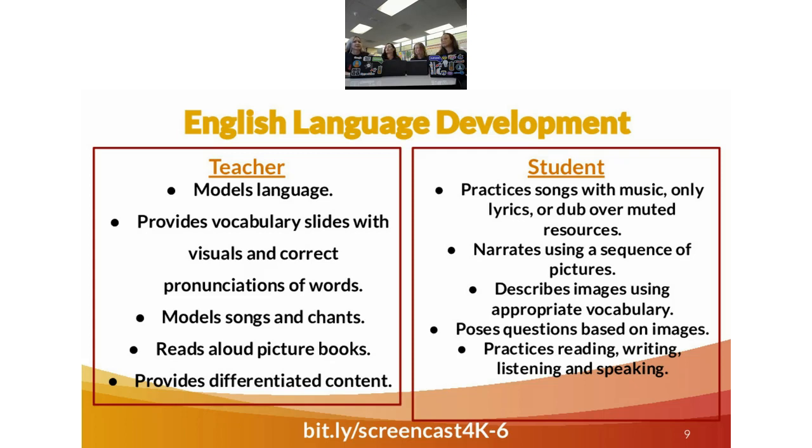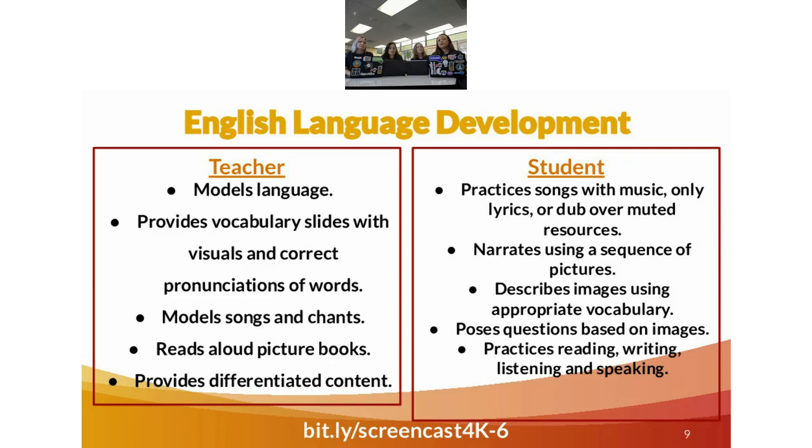You know, Melinda, how many times have we gone onto pronunciation.com and had to hear how a word was pronounced? So the kids having these words and these slides with the correct pronunciation of the word and the visual is pretty powerful, and they can keep going back to it if they want. And then again, students have the opportunity to practice the songs and chants that they've learned over instrumental versions of those songs.